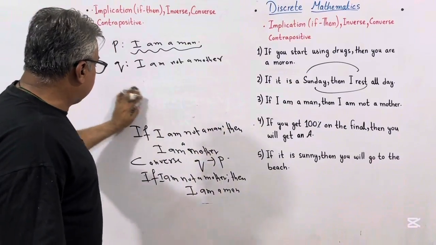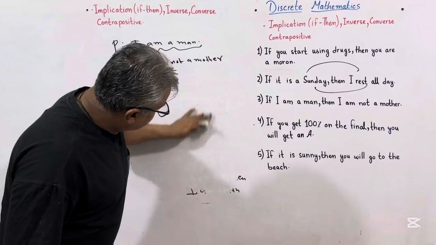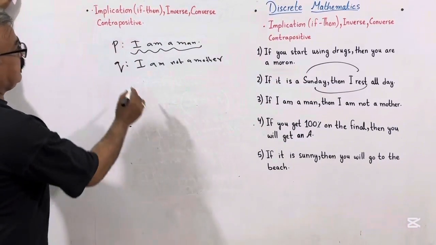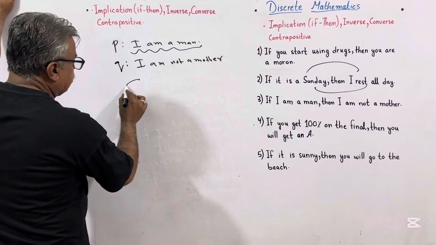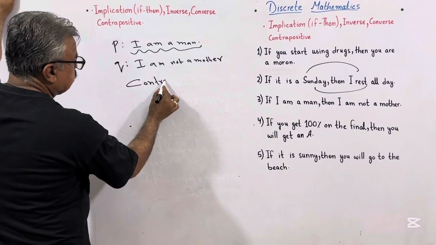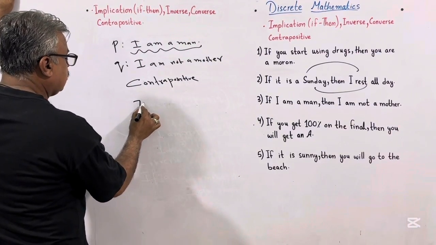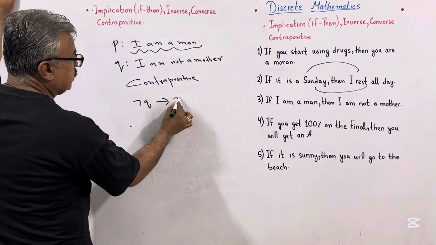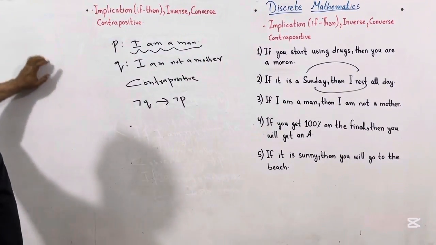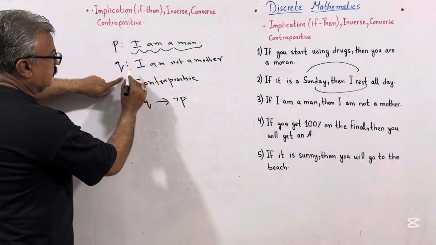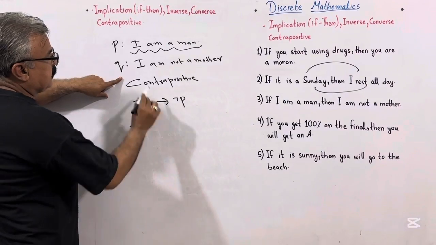Contrapositive, the blend of inverse as well as converse. How to write this? Let's see and find out. Contrapositive: negation of Q implies negation of P. Write the negative of this one. Q is I am not a mother.